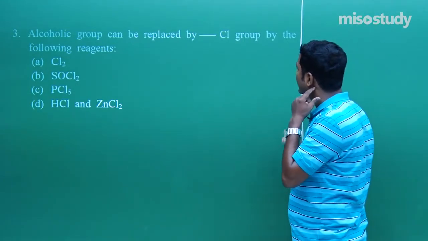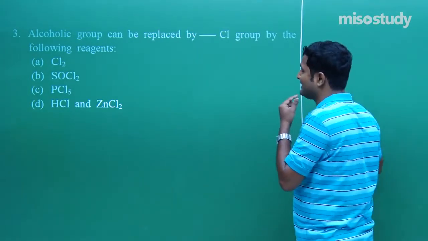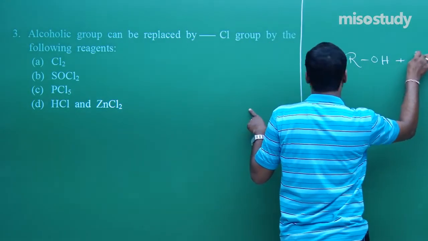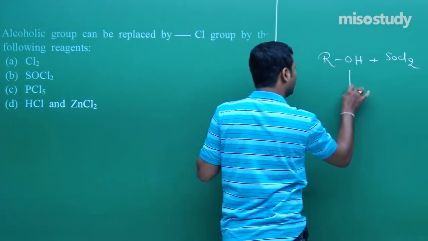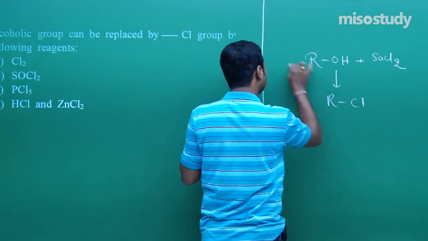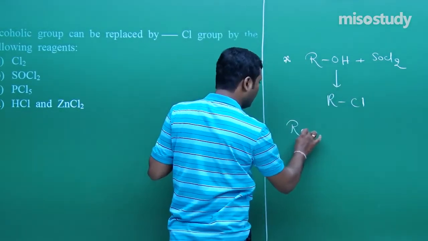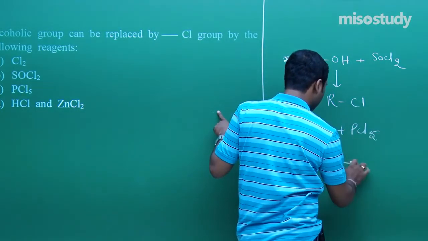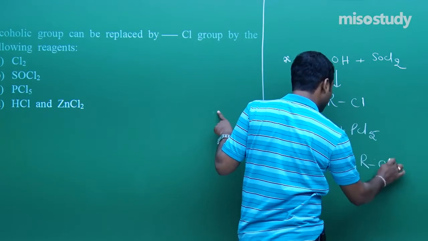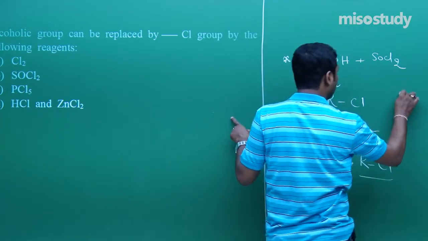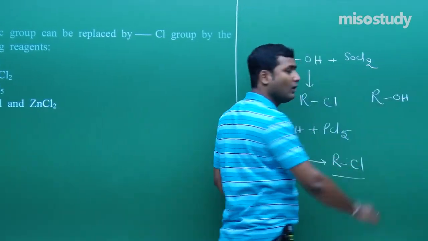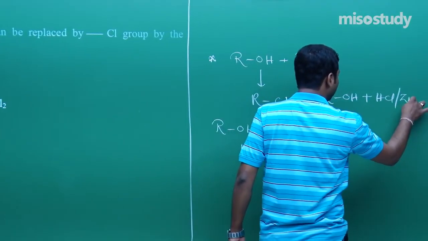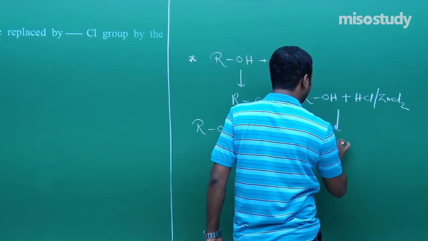SOCl2, definitely can be replaced by Cl; PCl5; HCl with ZnCl2. We know ROH when treated with SOCl2 gives RCl. When ROH is treated with PCl5, it gives RCl. When the alcoholic group ROH is treated with HCl and ZnCl2, that is the Lucas reagent, it also gives RCl.